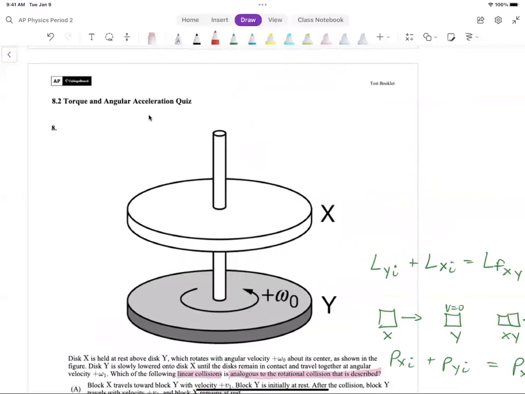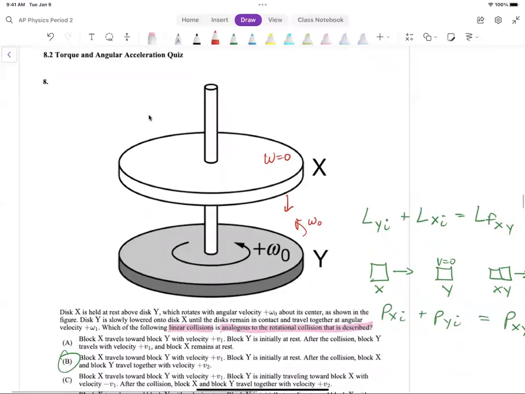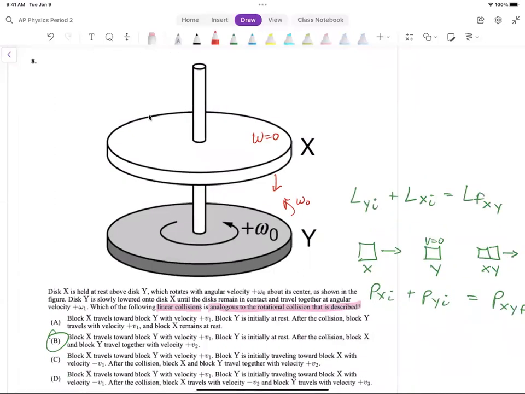Number 8, I have this disk that's traveling at some angular velocity called omega naught. And then another disk falls down on top of it, and this angular velocity is 0. And they're going to stick together. And when they do, it'll have something that looks like this. And I'll call this disk XY.